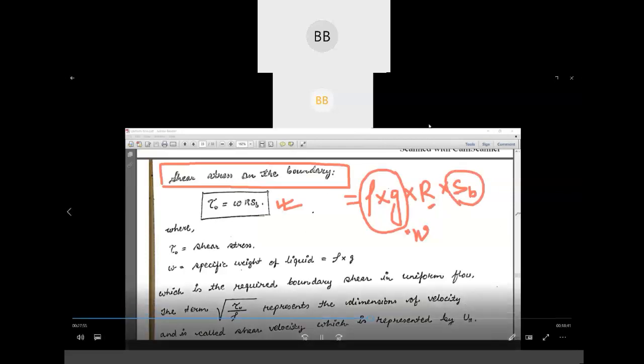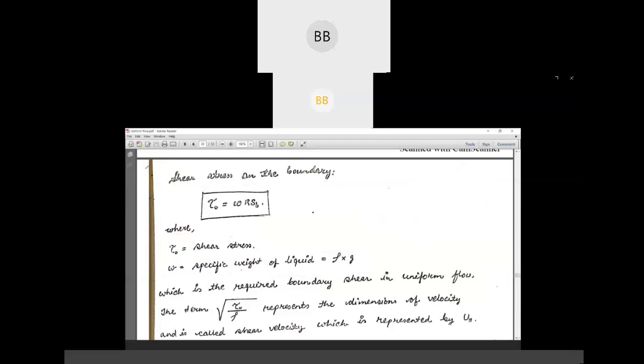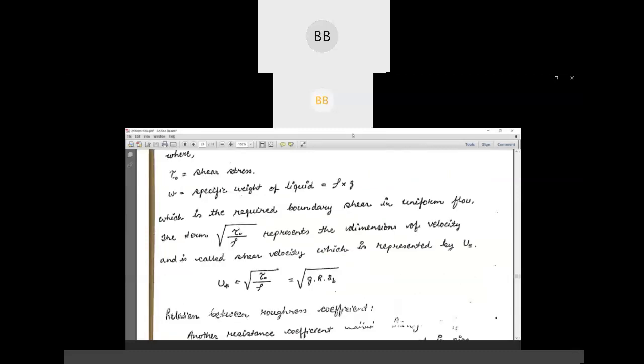Then you can write where tau is equal to shear stress, and small w is the specific weight. Then you can write this. This is the boundary shear stress in uniform flow.